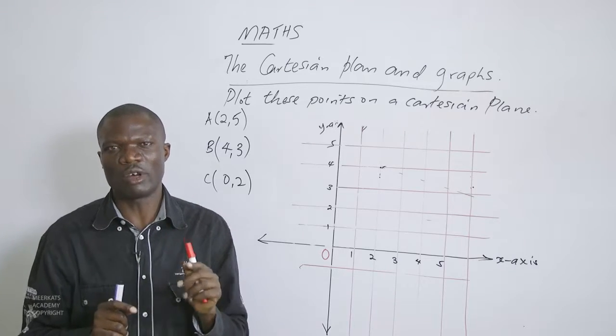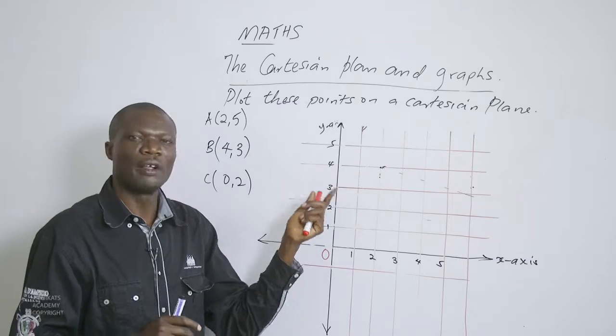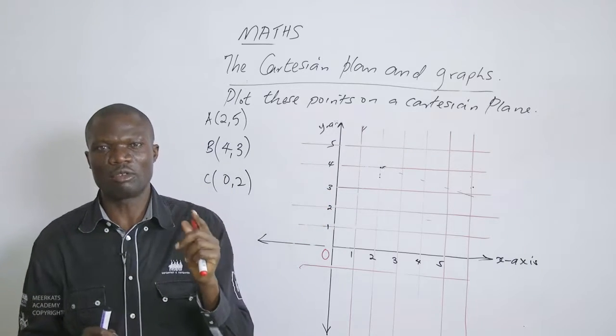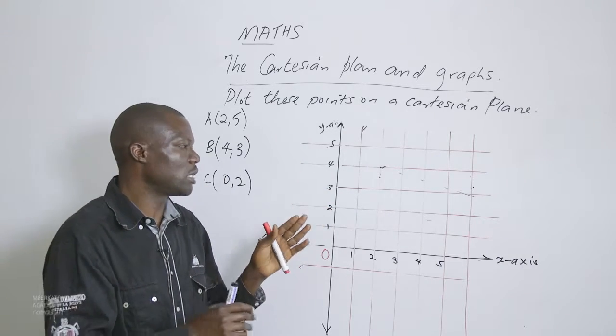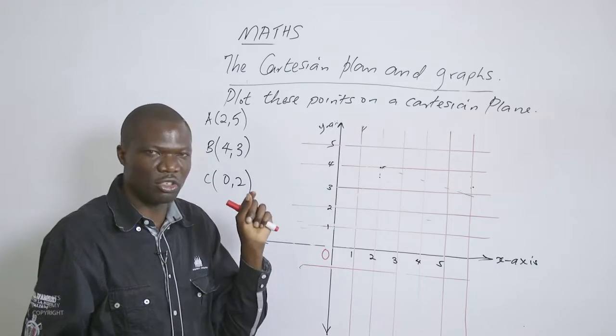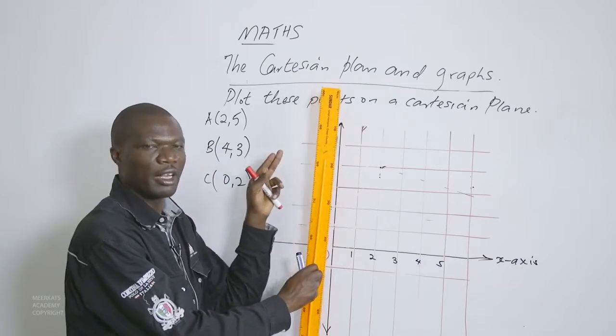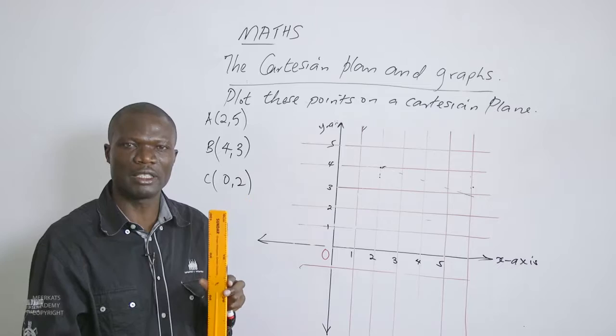It is always advisable, when you are plotting a Cartesian plane, to pick the center of your page, and that is the point where you pick one line, and on top of that line, you take your ruler and place it on top of the line and trace it with your pencil.